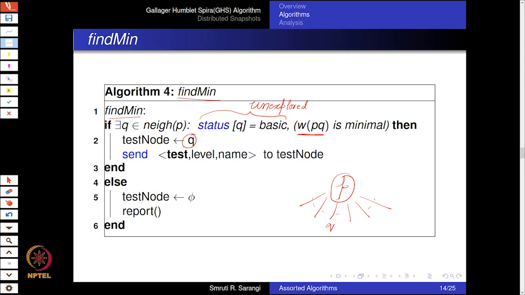Then I say that Q is a test node. So then I try to check if it is possible to add Q to my fragment, and kind of grow the fragment via this PQ edge. So what has happened is that, look, two fragments are merged. There has been a common merging edge.